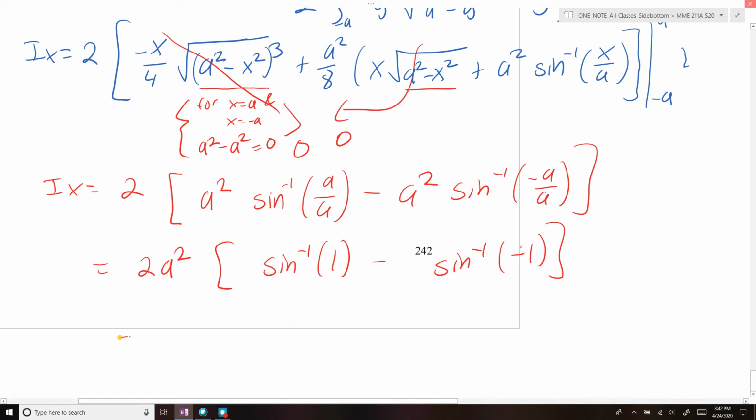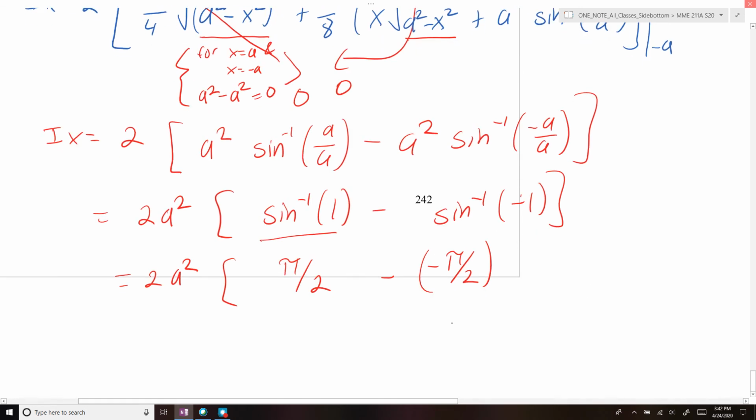So the inverse sine of 1 is pi over 2, and the inverse sine of negative 1 is negative pi over 2. This ends up being just pi. I messed up somewhere.